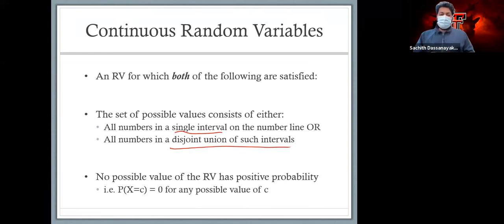Check this one, this is really important. Don't forget this point throughout this course. The probability at a point of a continuous random variable is 0. The probability of X equals C, if C is a constant or a value, is 0.